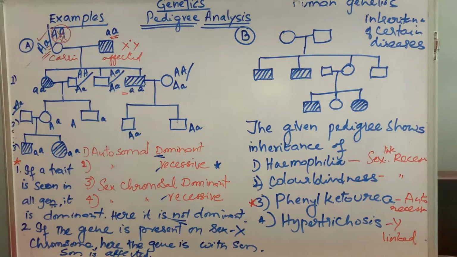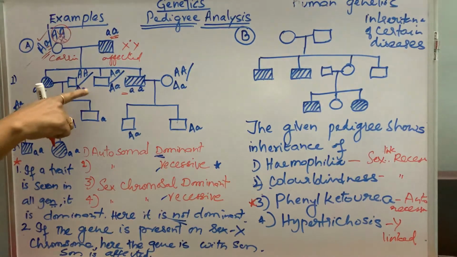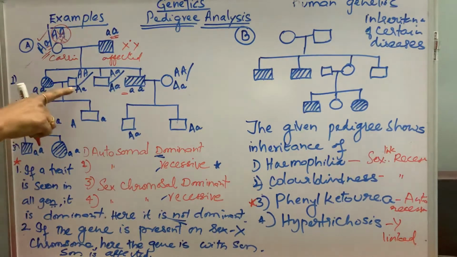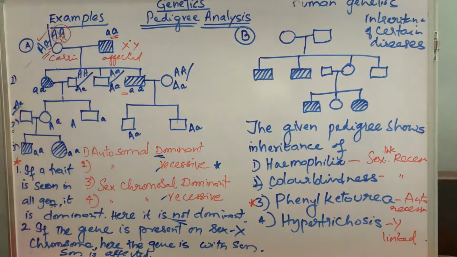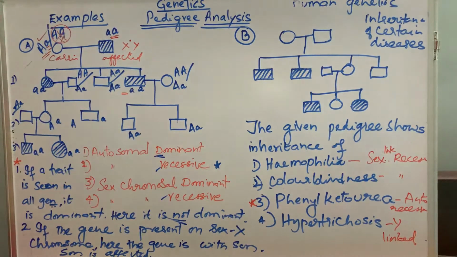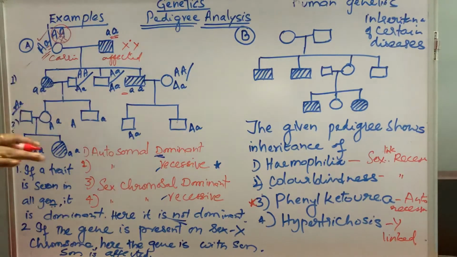So by this we can conclude, when we see here and next, the son will be like this. And when she got married to a man, both children are not affected. That means they have the small a, but capital A is there to suppress that disease.